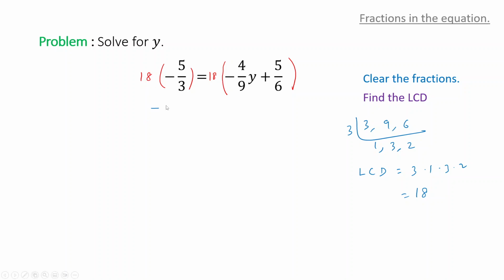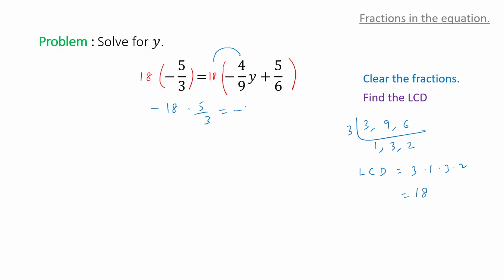Now 18 times 5 over 3, it is equal to. So here use the distributive property. You multiply this and this. So 18 you are multiplying with a negative number. You will get a negative number.